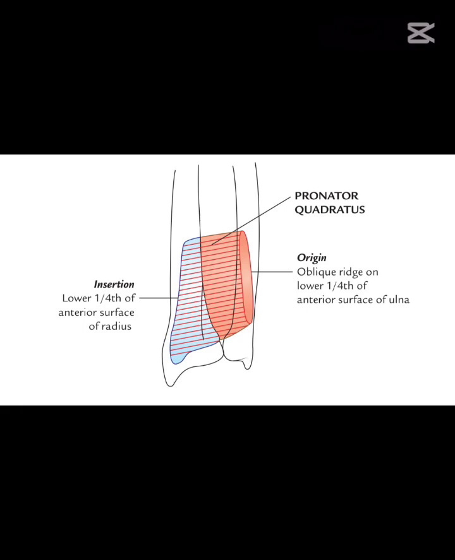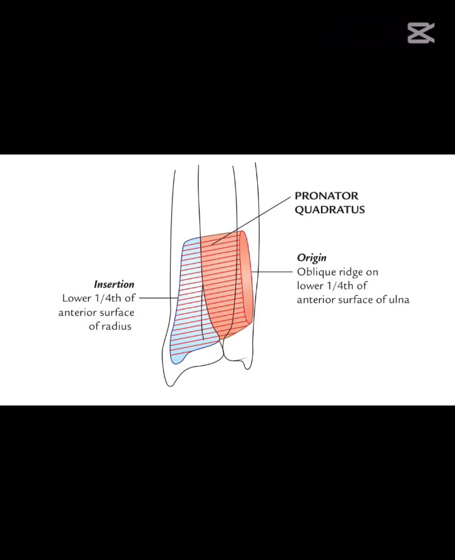There are so many things you can know about it. It is coming from the anterior surface of the ulna, the lower 1/4 of the anterior surface of the ulnar shaft. But just know anterior surface of the ulna, so you do not go deep and get yourself confused. For an exam, you know it is the lower 1/4. And where is it inserting?